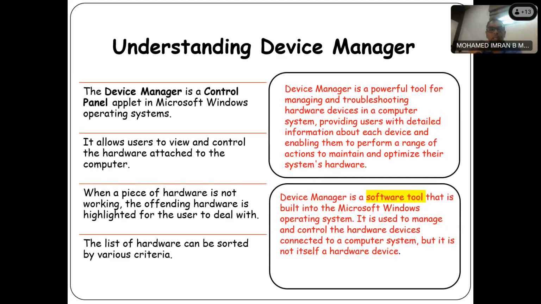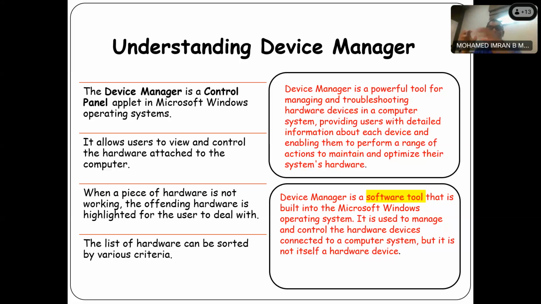If you look at the slides here, at the part where I've highlighted yellow, you can see device manager is a software tool that is built into the Microsoft Windows operating system. It is used to manage and control the hardware devices connected to your PC. Okay, it is not a hardware itself.